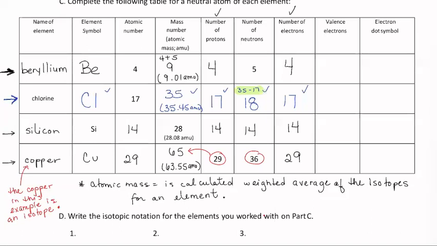Now, the man-made elements, we don't have a lot of information for them, just because they were created in the laboratory. So this whole idea of isotopes, it's mainly for the ones that we have samples of on Earth, because we can actually determine the percent abundance.